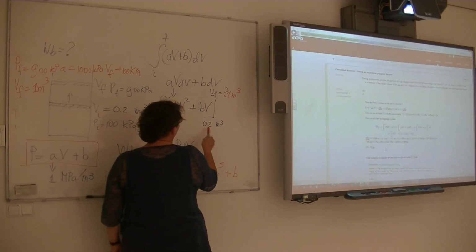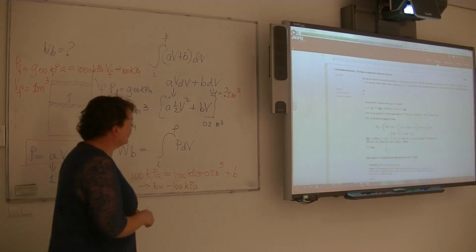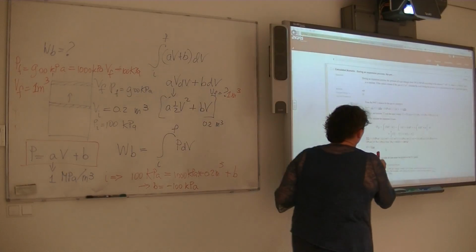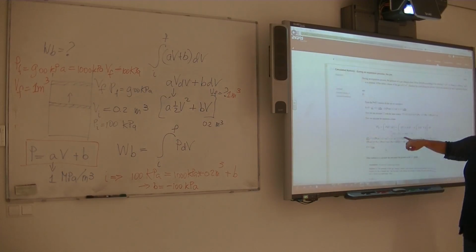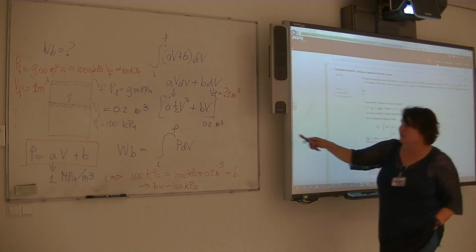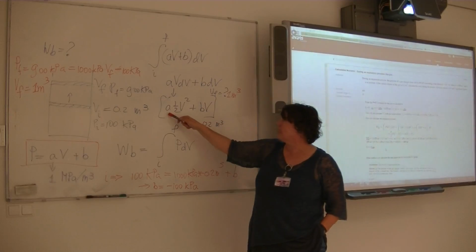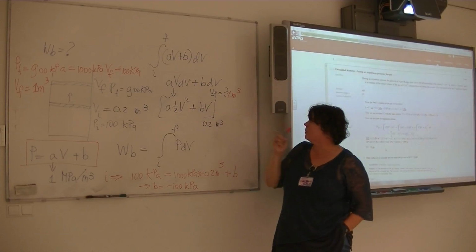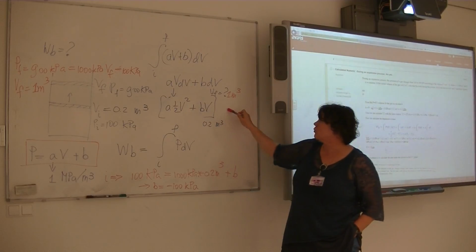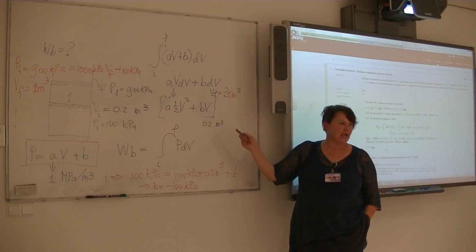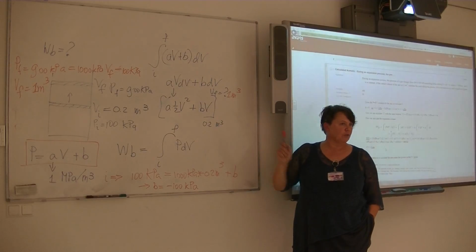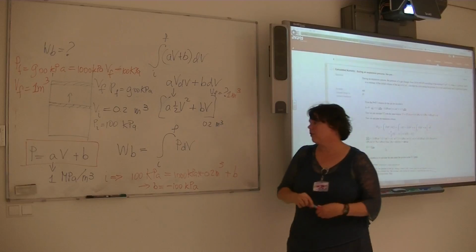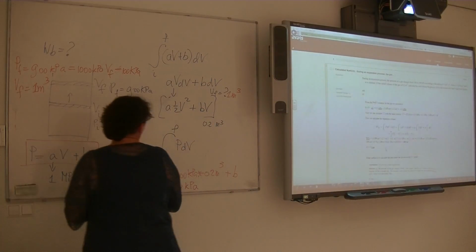If we fill in all these numbers, it's a question of filling in the final volume and the original volume in this equation, like it is given here. You first have to fill in the final volume, V2, in this equation, using A and B and 1 cubic meter. And from that you subtract the value of this sum at the initial volume. Yeah, that's integration. It's difficult.